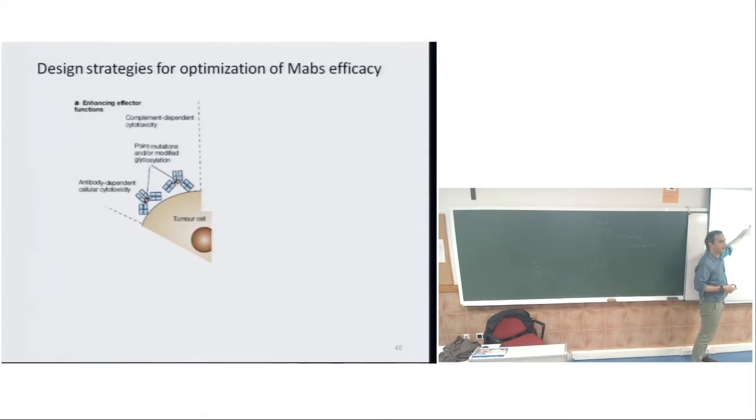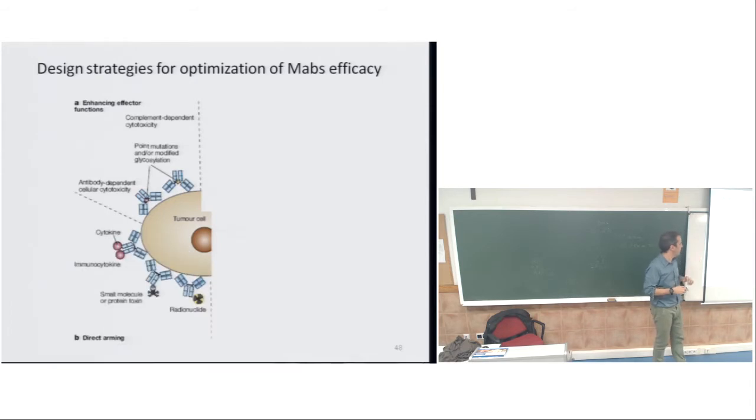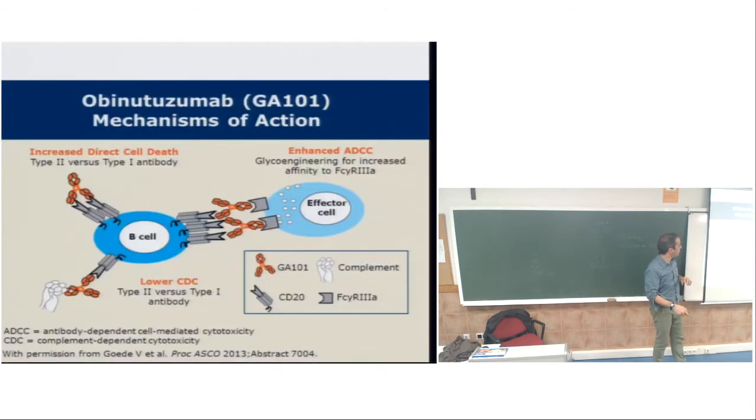By recombinant DNA, inducing point mutations that make the affinity to the receptor higher. We can also modify the glycosylation, because these immunoglobulins have a specific pattern of glycosylation. They have sugars in specific positions.